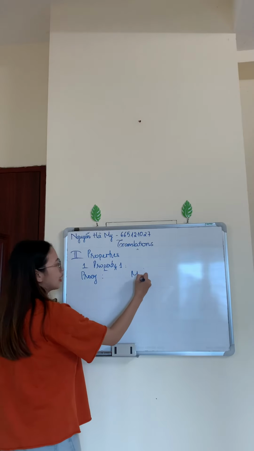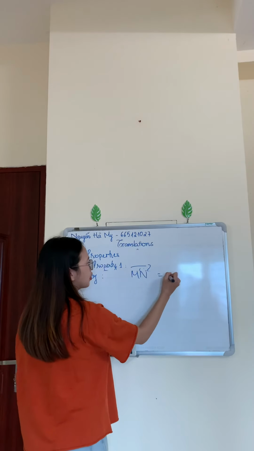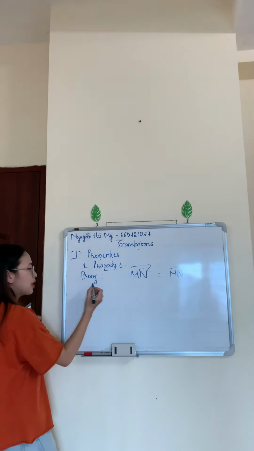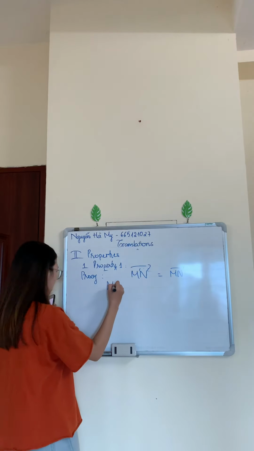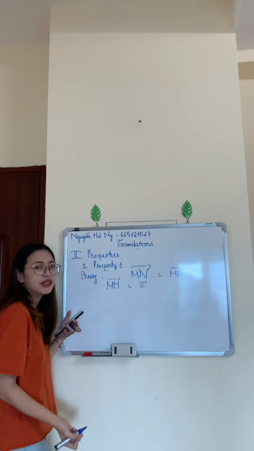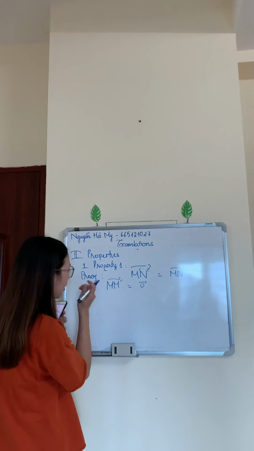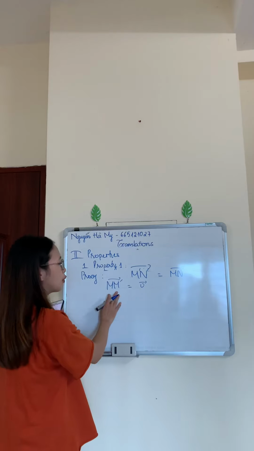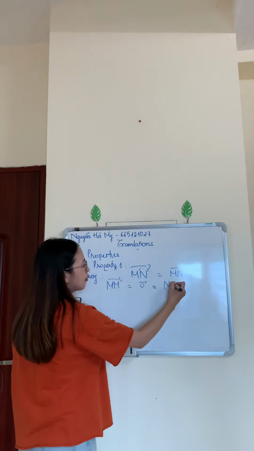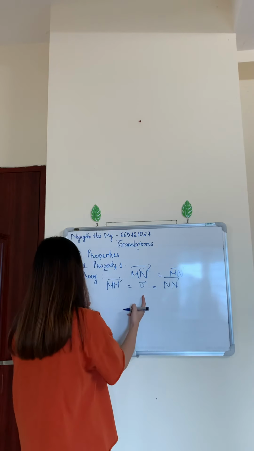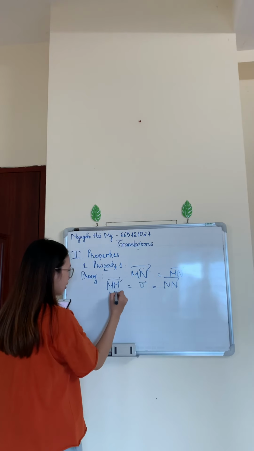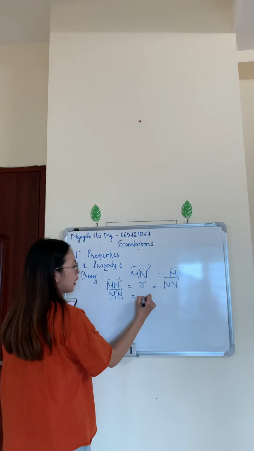We need to prove that vector M prime N prime equals vector MN. Indeed, we have vector MM prime equals vector v because point M is translated into M prime by vector v, and we also have vector NN prime equals vector v. One more thing is that vector M prime M equals minus v.